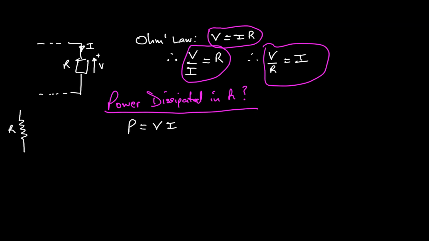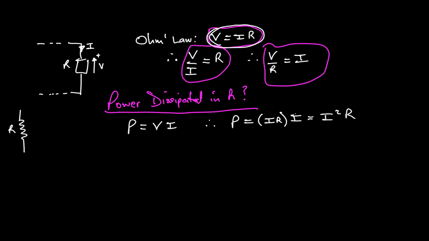We know that voltage is given by the expression at the top, so why don't we replace V here with what we have up there? Let's see what we get. Therefore, power equals, I'm going to put it in brackets, V, which is IR, times this I here. That looks very much like IRI, which is the same as IIR, so that's I squared R.